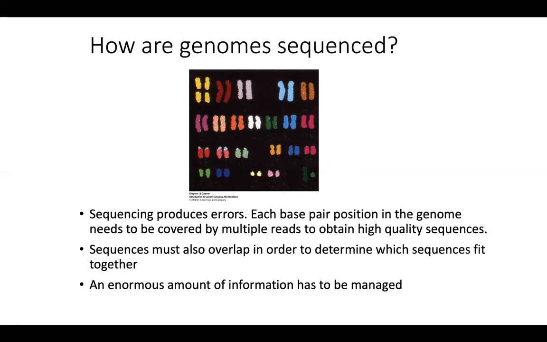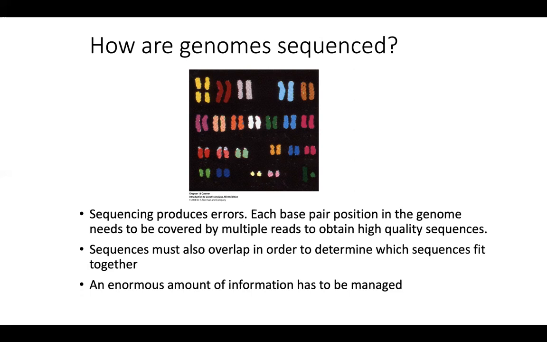And we can't just get away with dividing the 3 billion base pairs into single stretches of 1,000 base pairs, because one, sequencing produces errors. So we need to cover each base in the genome by multiple reads to make sure that we have a good high quality read at that position.